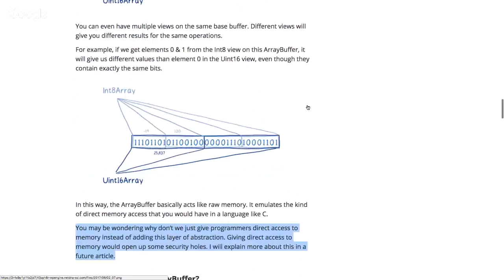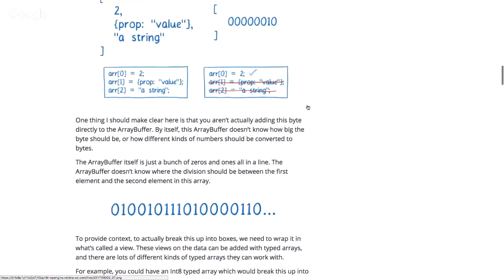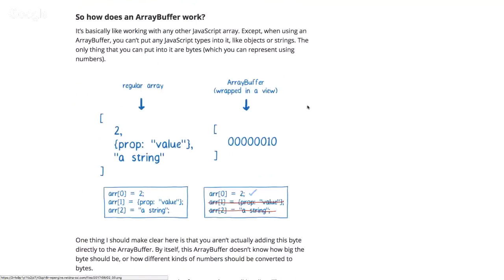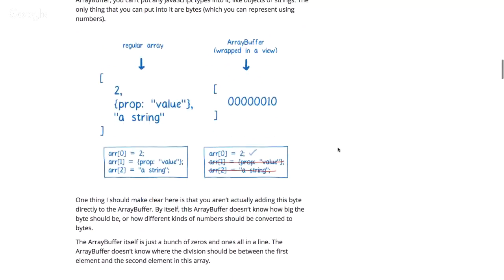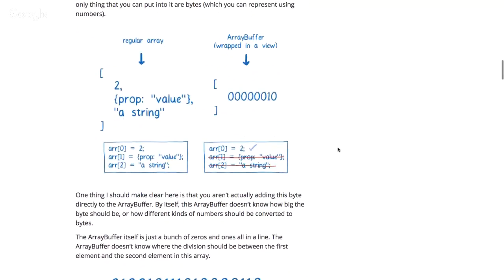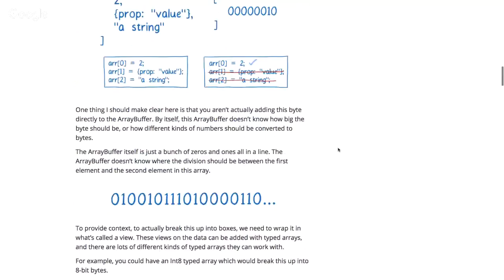So to summarize, the array buffer at a high level is like a typical JavaScript array, but it can only store bytes. There are a bunch of predefined types like int8 array and uint16 array. Array buffer itself doesn't know what the boundaries are between the different elements.